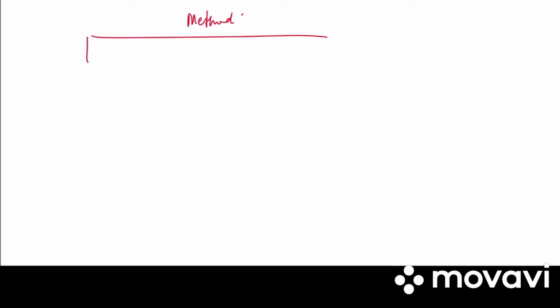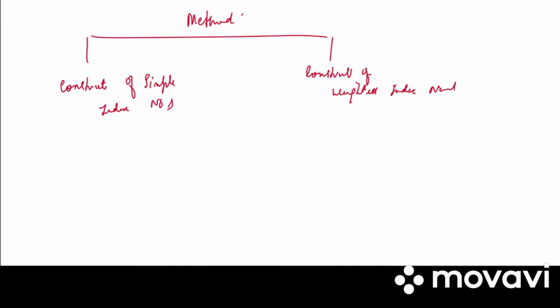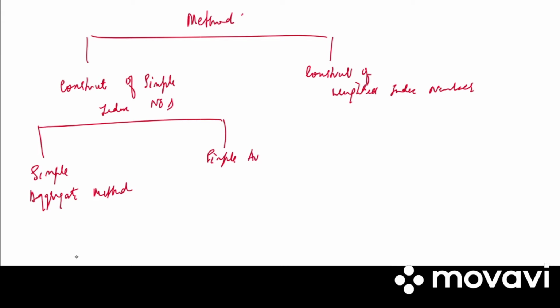So, under methods of constructing index number, we have two types: construction of simple index numbers, and construction of weighted index numbers. Under construction of simple index number, again we have two types, that is simple aggregate method and simple average of price relative method.